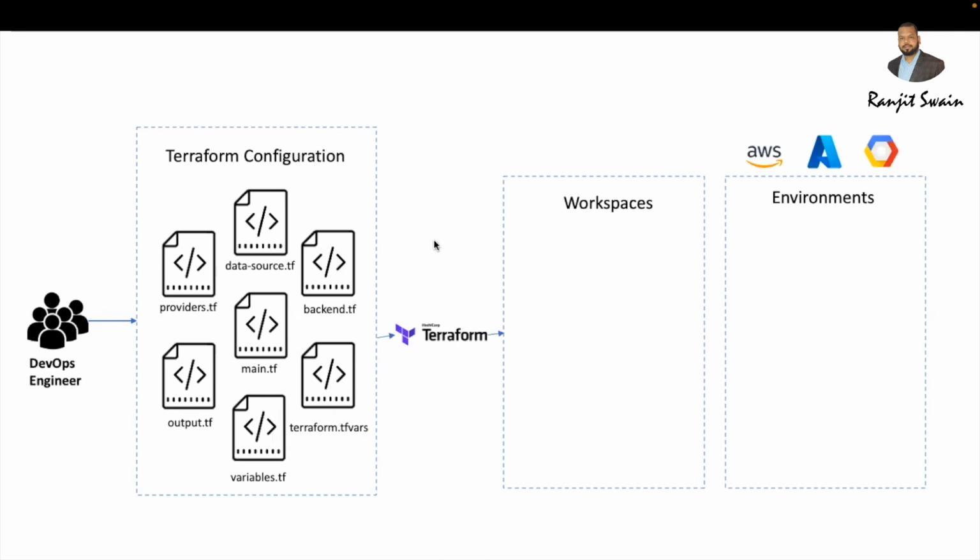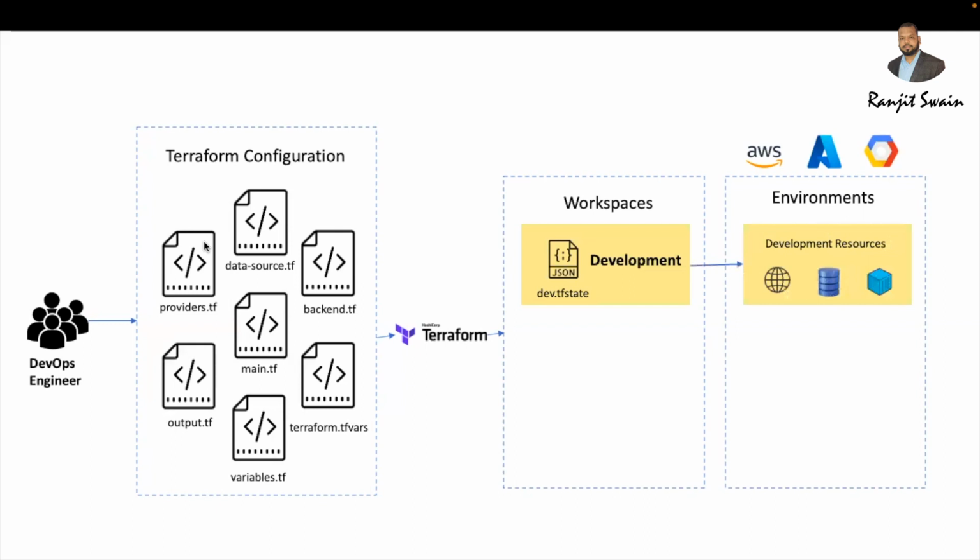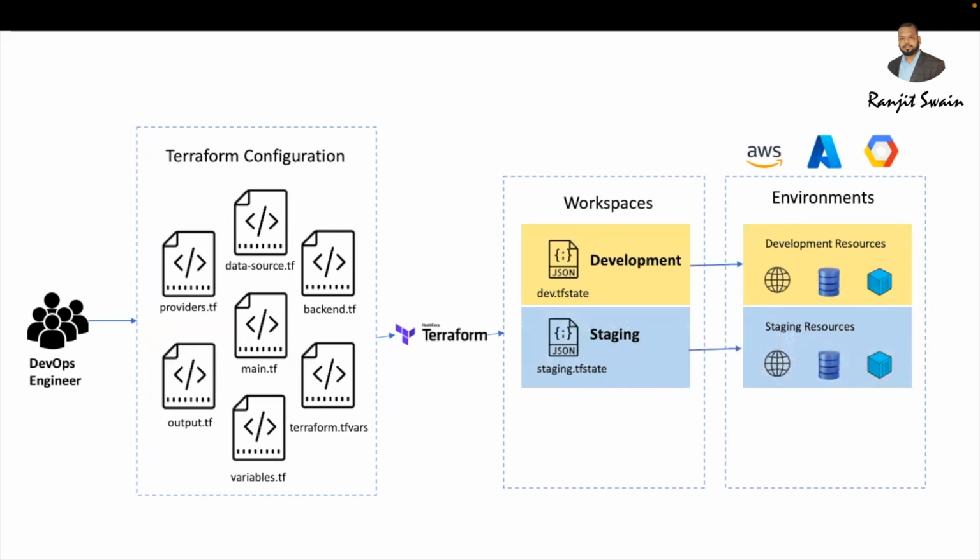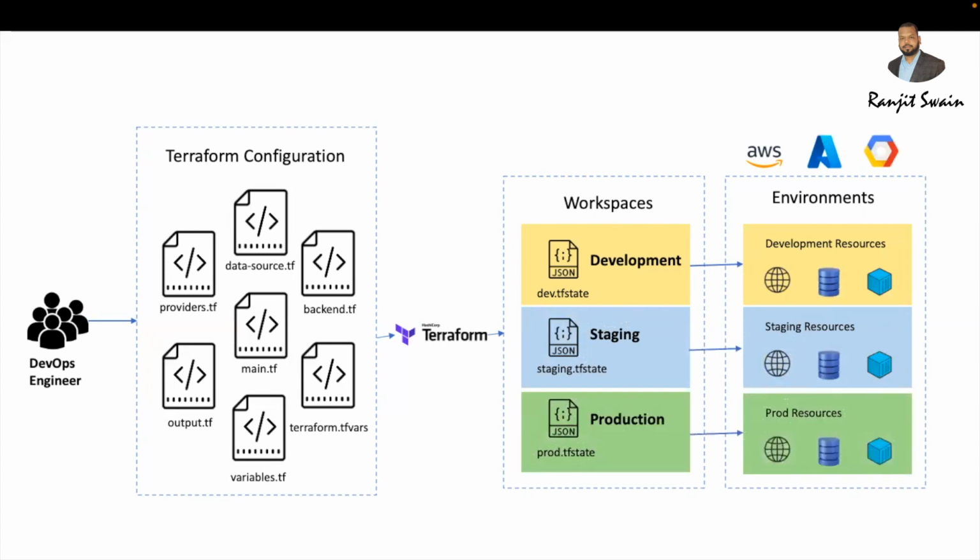In the workspace, for development, we simply use the workspace. Whatever code is written, it will have resources for development, for staging, and it will have the state file for the production environment also. So for development, we'll have a development tfstate file. Suppose you have created 3 workspaces named dev, staging and prod for production.